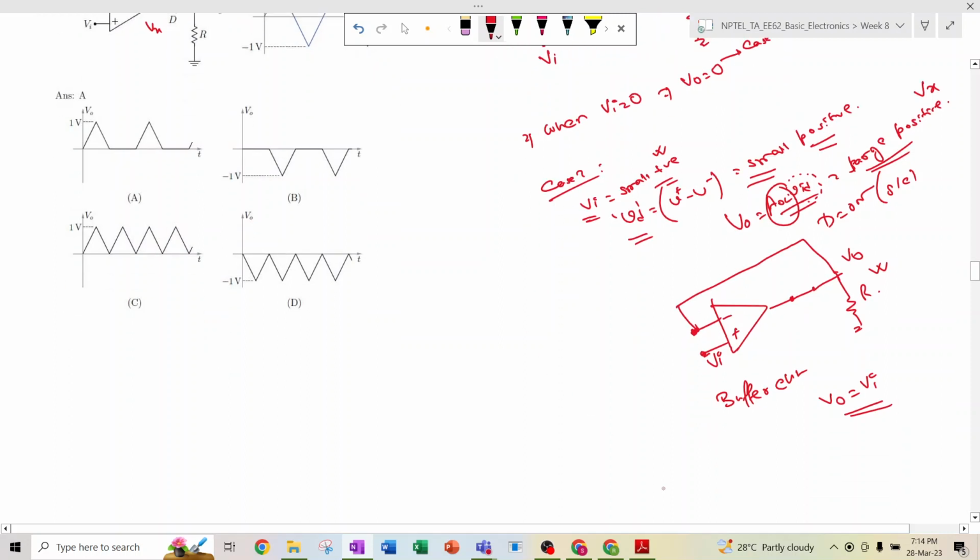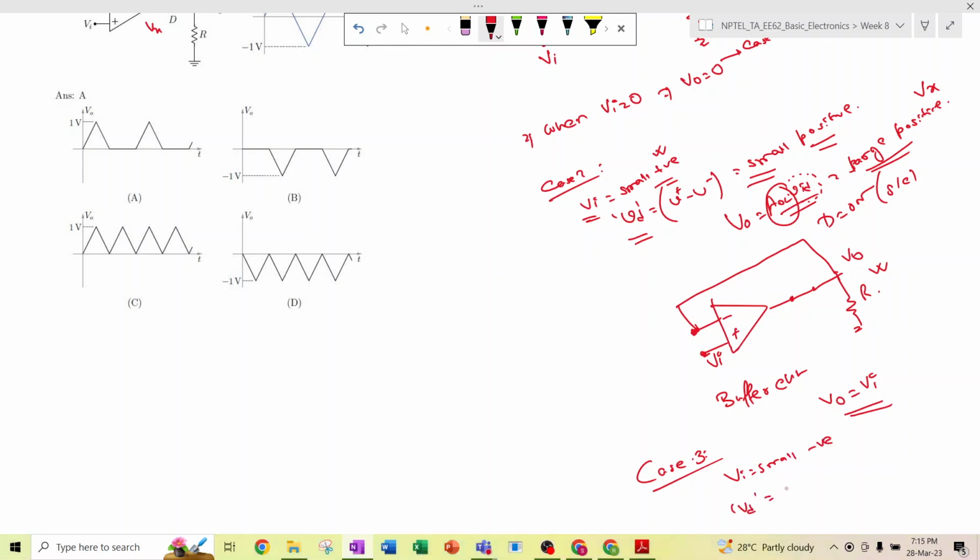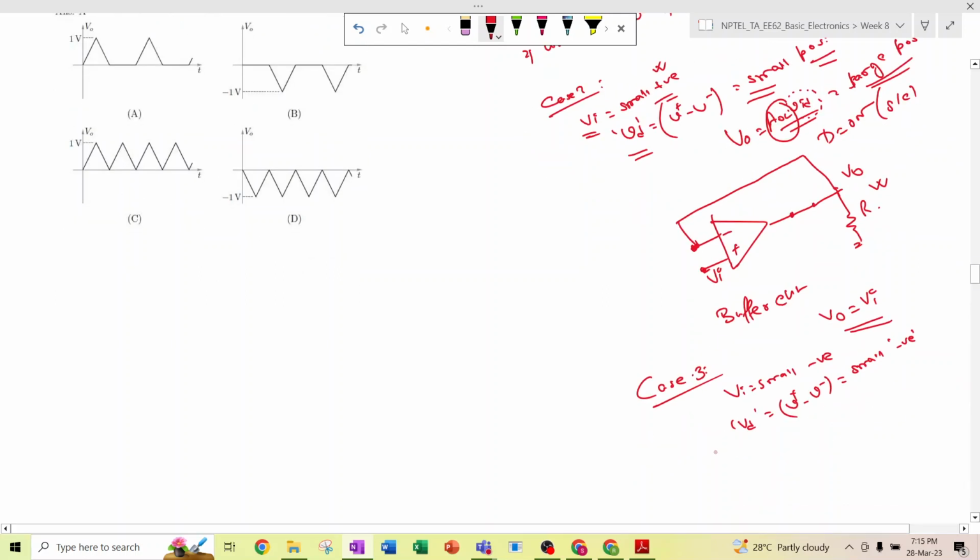And what will be case 3? In case 3, if Vi is small negative voltage, then what happens? Then Vd is V plus minus V minus, right? So it is a small negative voltage. Now it will get amplified at the output, that is Vo is basically AOL into Vd, you know all.